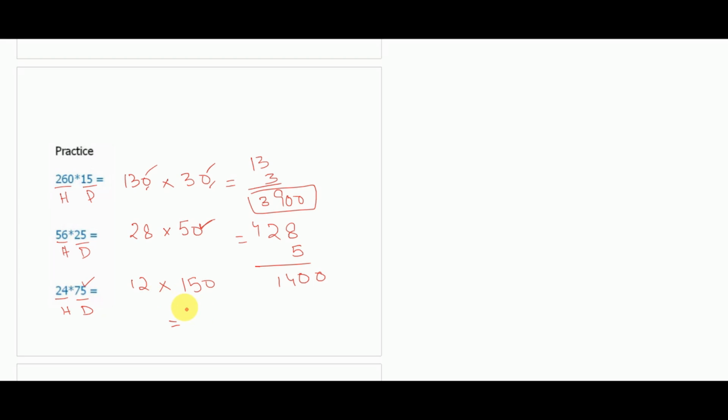So it's 12 times 15, if you remember your tables. So 15 times 12 is 180, and you add this final reserved 0 and your answer would be 1800. All right. So let's move on.